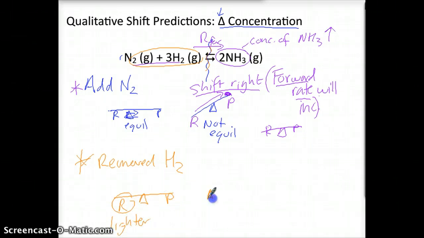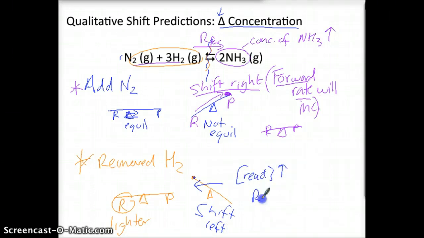So what the seesaw would look like would be like this. Because this side is lighter, it's going to go up. So in order to get back to equilibrium, I need to make the reactant side heavier again. So the reaction is going to shift to the left. This reaction would shift left. Another way of saying that, the concentration of reactants will increase, or the rate of the reverse reaction will increase.